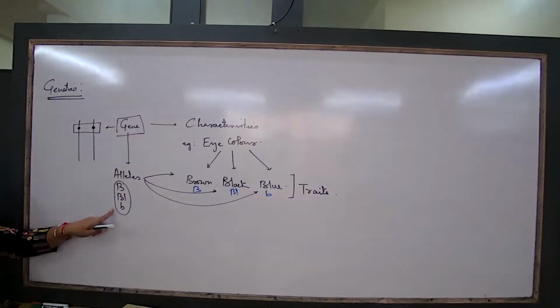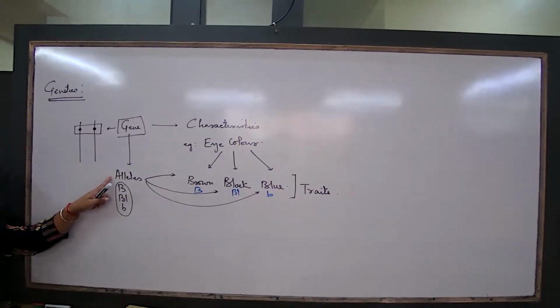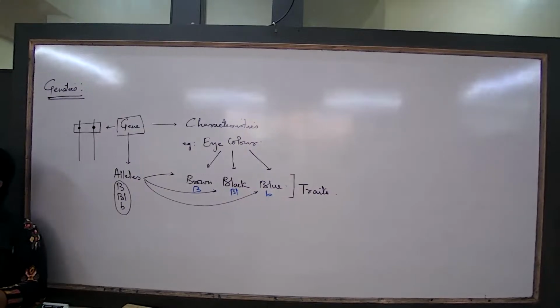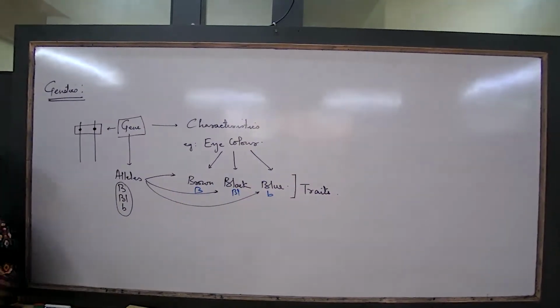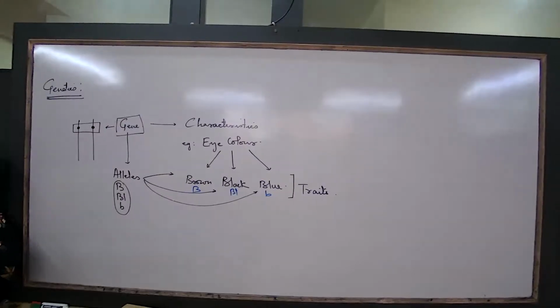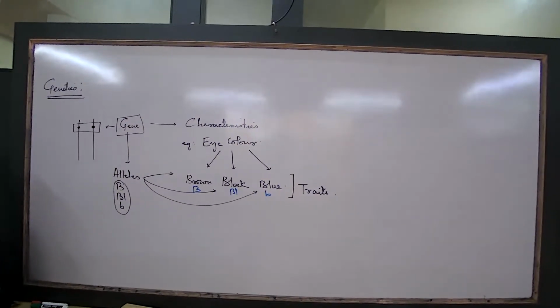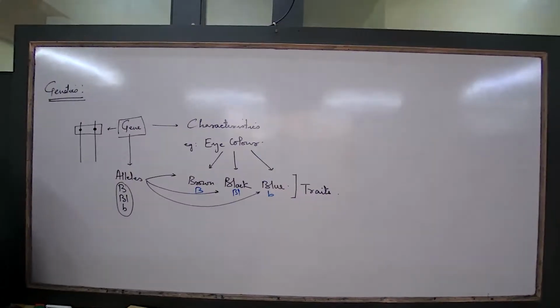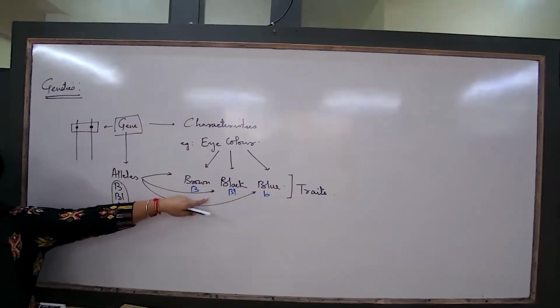So, different forms of a gene, what are they called? Alleles. If I say in the human population, skin color has 24 traits, then how many alleles does the gene regulating skin color have? Listen to what I'm saying. I'll say in the human population, eye color has 3 traits.